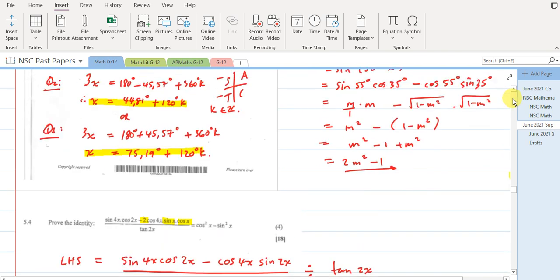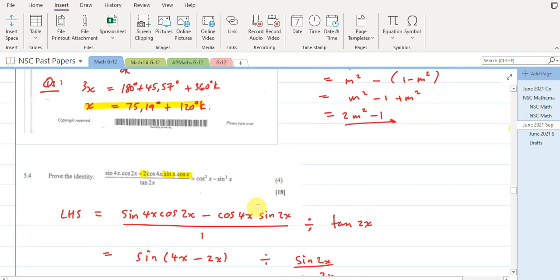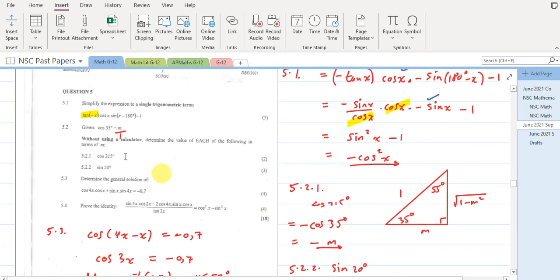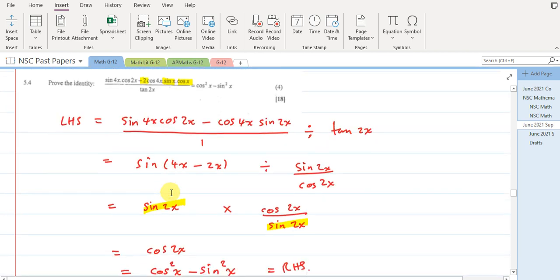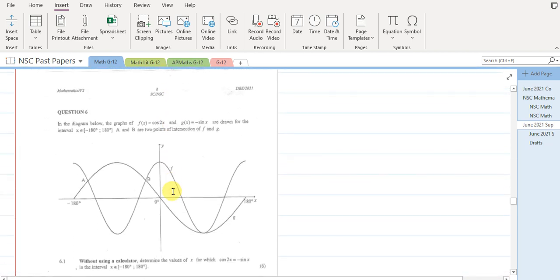So hence it is proved, right? So that's 18 marks. So basics, obviously simplification from grade 11, then triangles, some grade 11 reduction there, then we have a compound angle, general solution, which is grade 12 work, and then grade 12 work there as well, right? So some nice mixture of questions there.